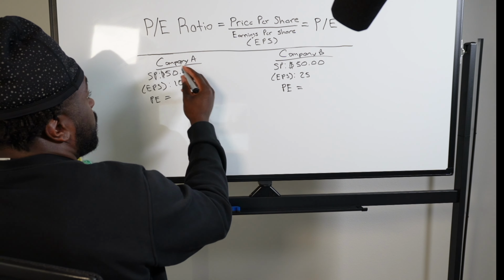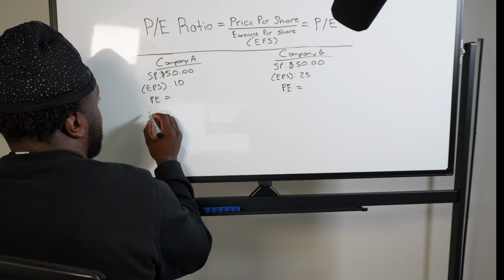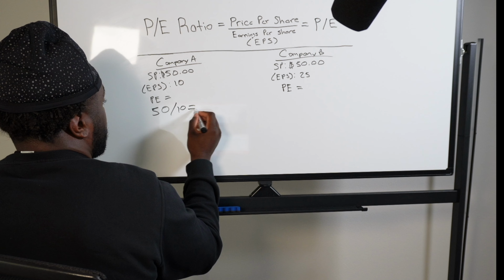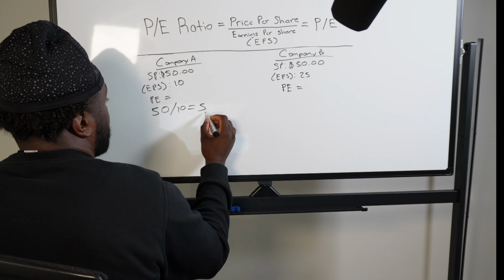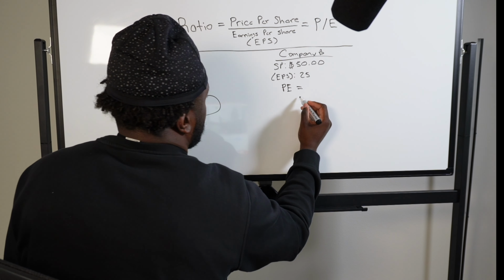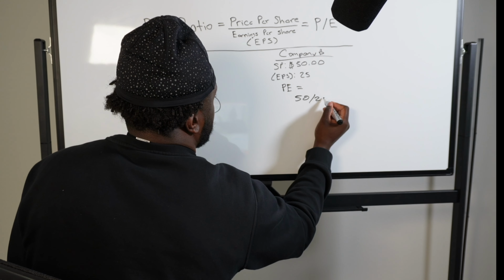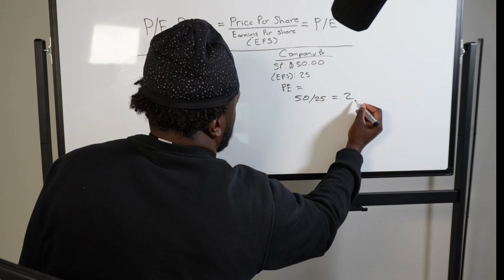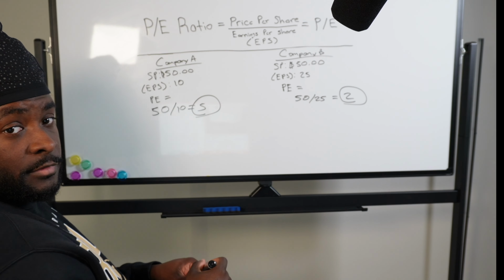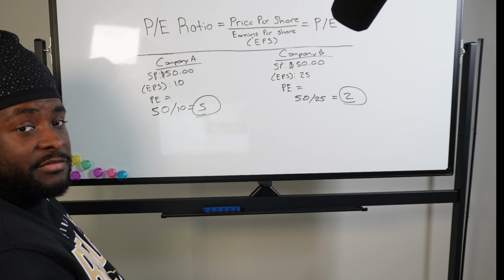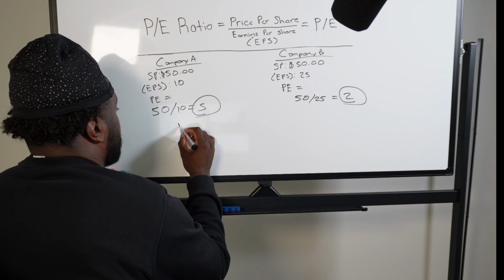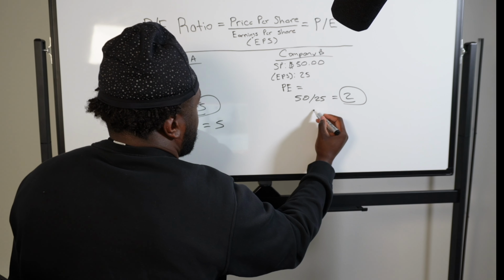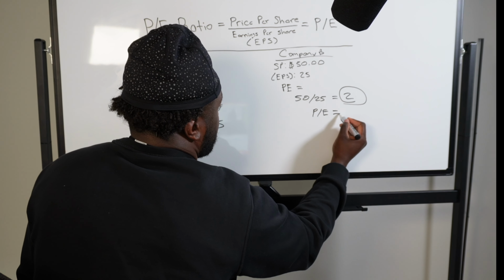Also, when you do the formula, which would be 50 divided by 10, that gives you a PE of 5. 50 divided by 25, share price divided by earnings per share, gives us a PE ratio of 2. Now we've got our PEs of 5 and 2. Put it down here so they know. PE down here equals 5, PE over here equals 2.